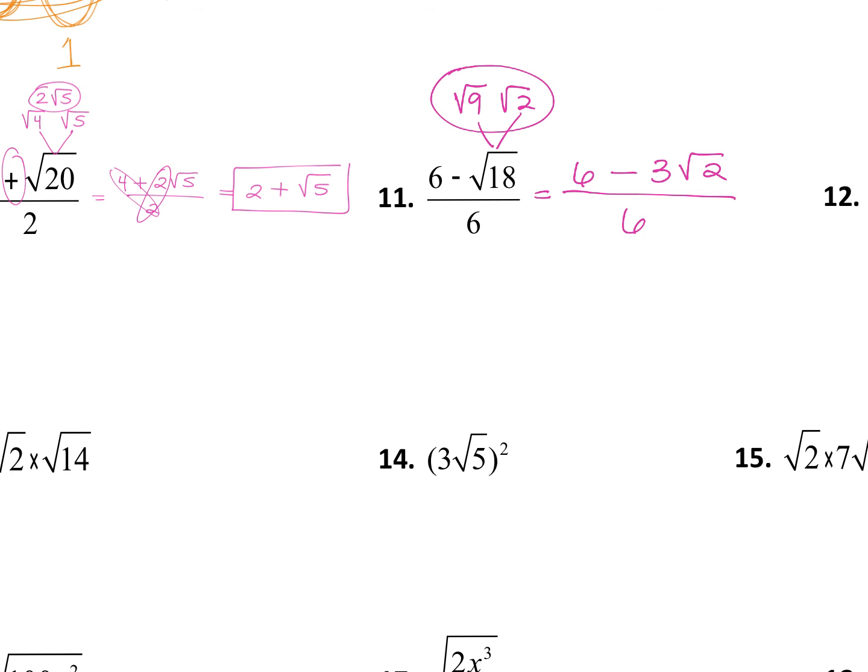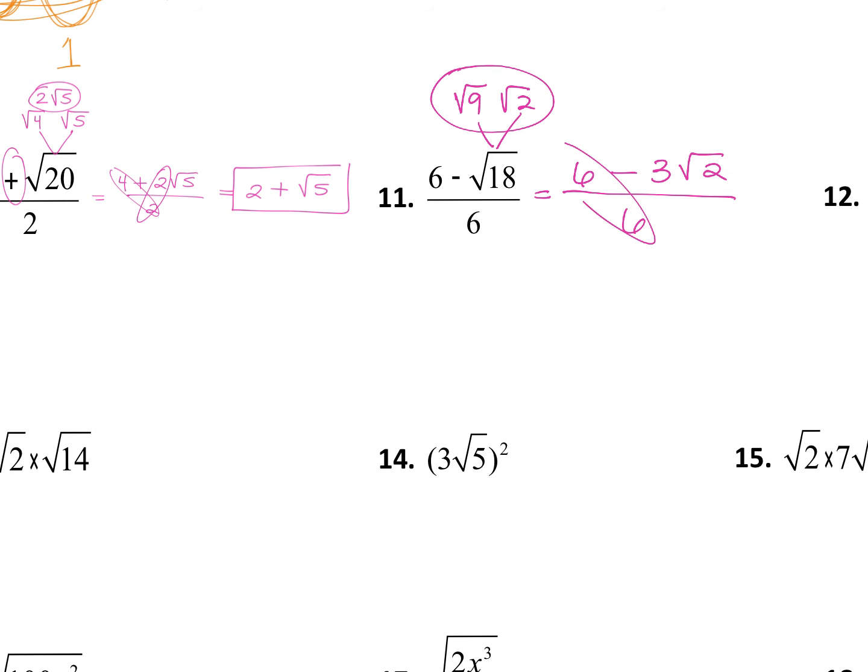Okay, now from here, you kind of have, well, no, we're going to say you don't have two options. What do you do with that? Is everything divisible by 6 nicely? No. No, but it is simplifiable, right?